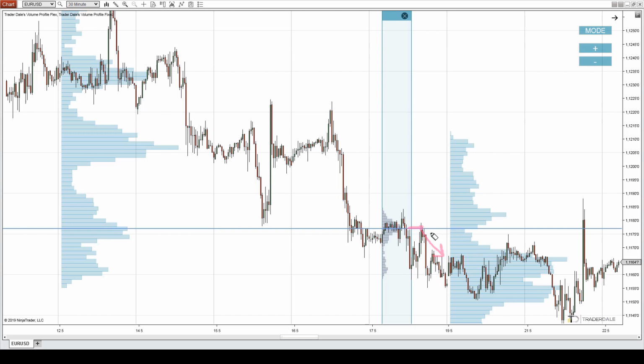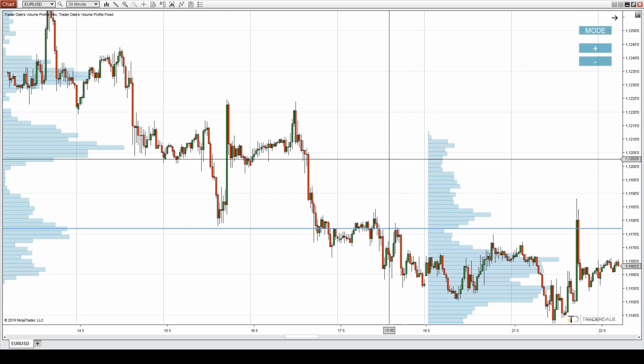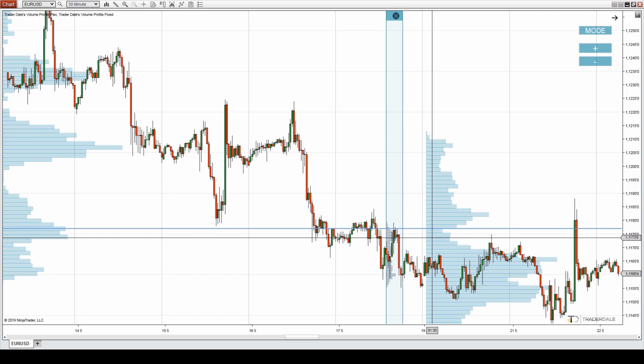Cool, right? Nice reaction. Now, what you can also do is look into this rejection of higher prices to see where the volumes were the heaviest. It was in here.